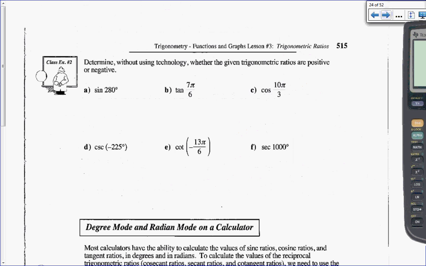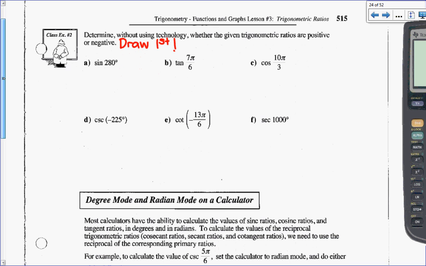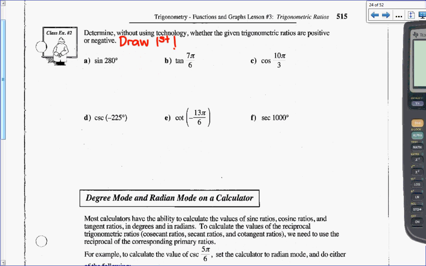All right, so let's flip over the page then and see if we can determine without technology whether the given trig ratios are positive or negative. Now, as Mrs. Baker would always say, draw first. Always, always, always. Okay, and you'll notice that some of these are listed in degree measure and some of these are listed in radian measure.